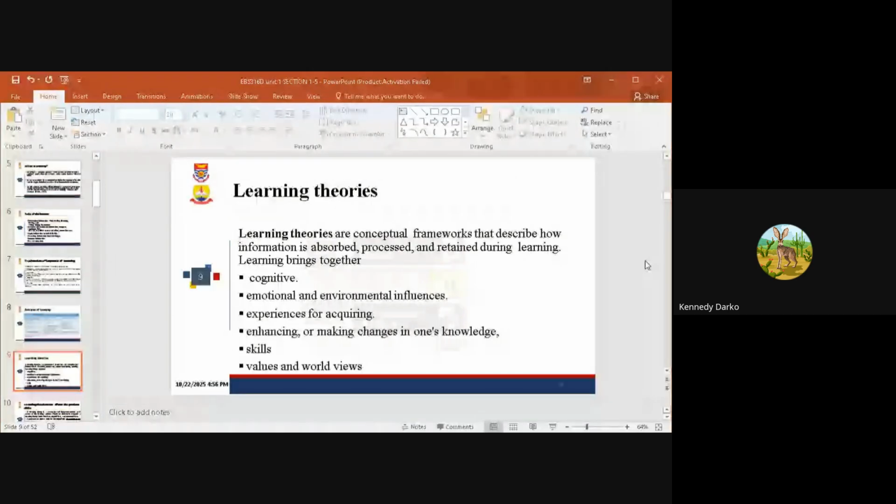Then values and worldviews. For instance, when the new curriculum came, the West said that we should teach sex education. Worldwide, other countries accepted it. In Ghana, we stood against it. Why?